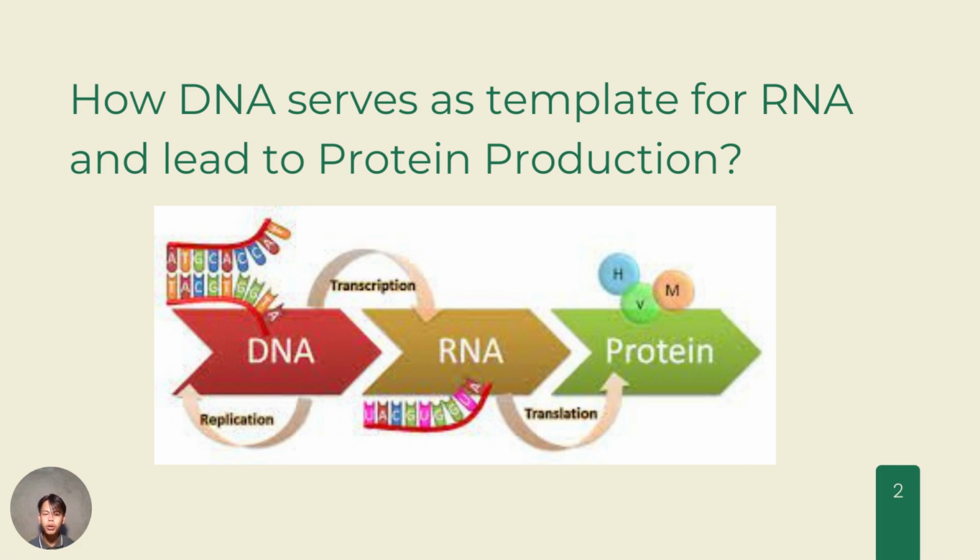This is the entire process of how DNA becomes a template for RNA through the process of transcription, and that RNA is translated into a protein through the process of translation, and later on we will discuss each topic thoroughly.